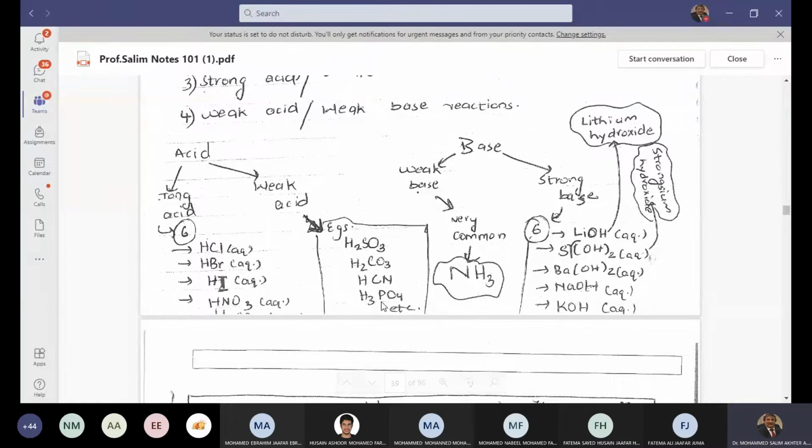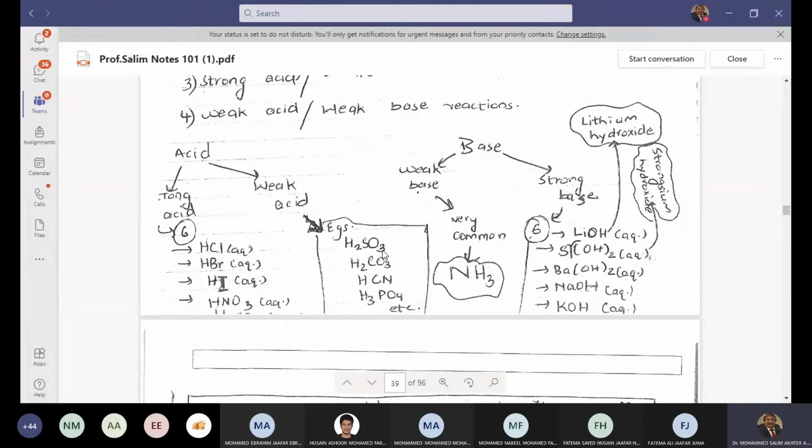If you remember in your chapter 2, I talked about, for example, H2SO4 and H2SO3. Which one has more oxygen? H2SO4. So when you name, you call it sulfuric acid.